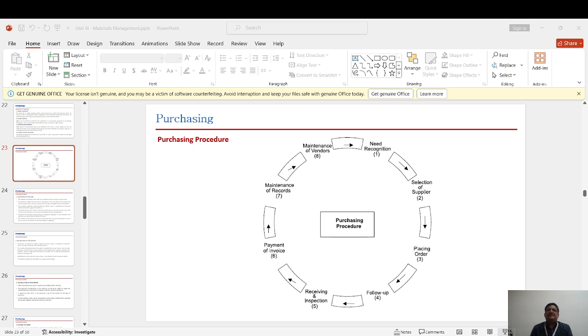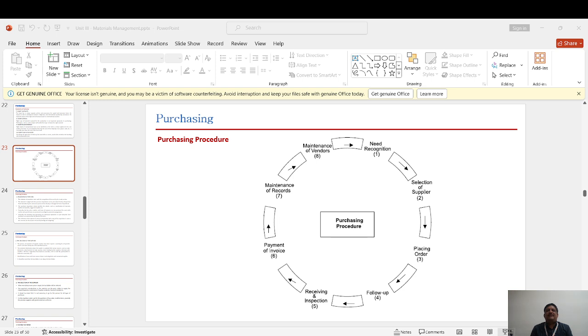The purchase requisitions clearly specify details such as the specifications, quality, and quantity of the material, and the suggested supplier. The requisitions from the different departments are compiled and processed for approval from the higher authorities. Once we get this approval, we move towards the next step.